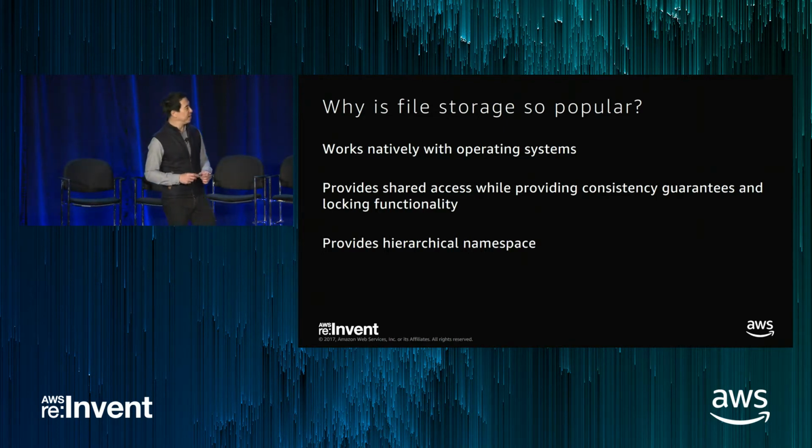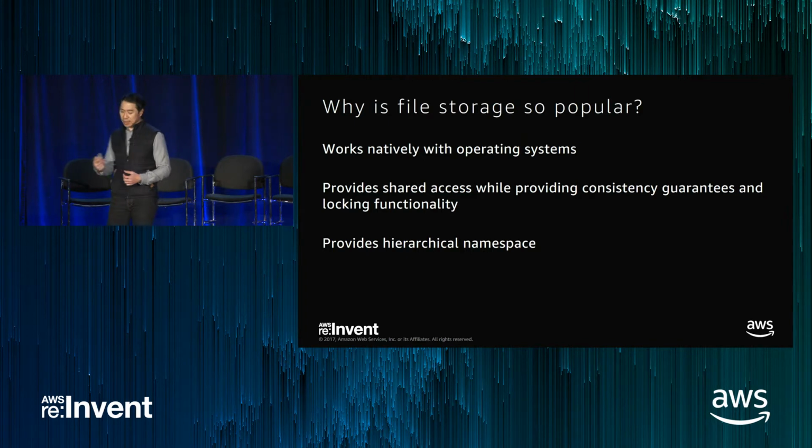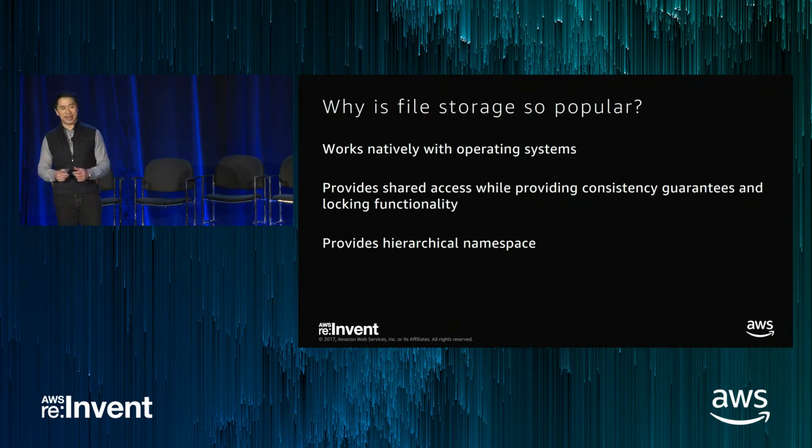So again, shared storage requires multiple clients to be able to access that data. So things like the ability to lock out other users from accessing that same file are critical. And lastly, the hierarchical namespace. It's just a simple, logical, and helpful way to organize your data.